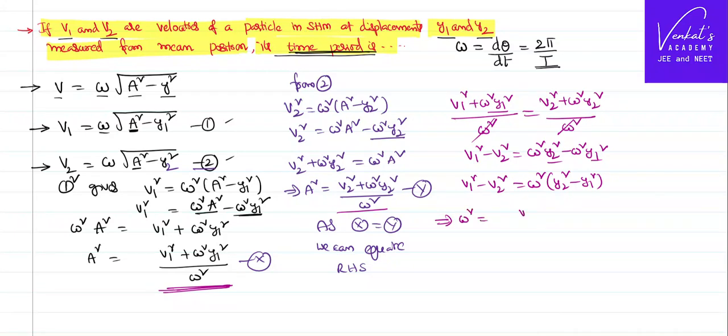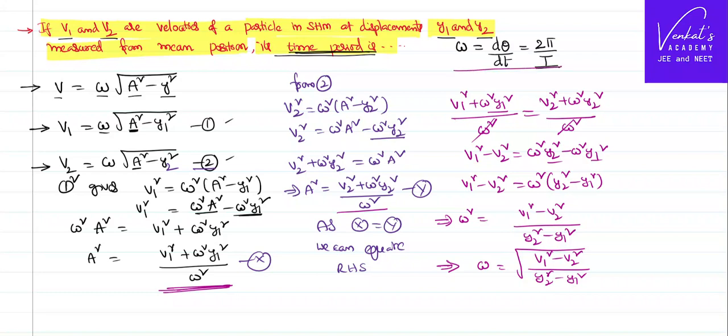So omega square becomes v1 square minus v2 square by y2 square minus y1 square. Taking the square root on both sides, omega becomes root of v1 square minus v2 square by y2 square minus y1 square.